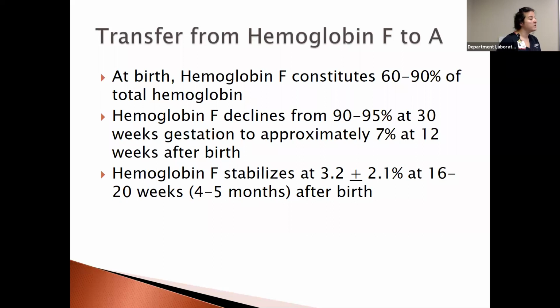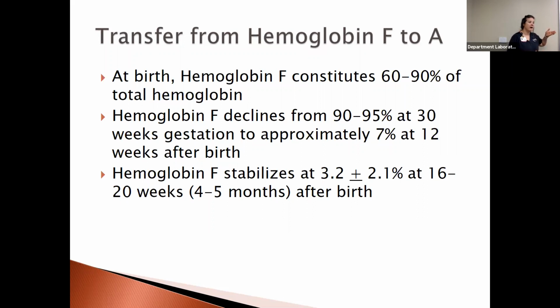So there are some conditions that we'll talk about, such as thalassemia, when you have a decreased production of either alpha chains or beta chains, or an absence of alpha or beta chains. So alpha is going to bind to another chain, a non-alpha chain. So in the event beta is not present, so if you have beta thalassemia, then that means you have a decreased amount of beta chains being produced or an absence of beta chains being produced.